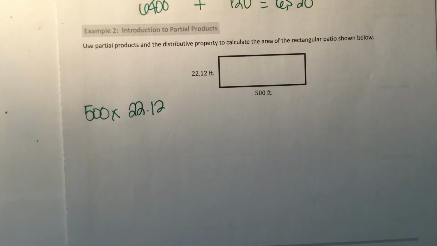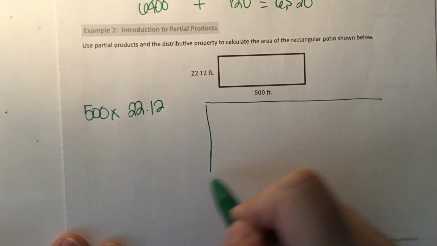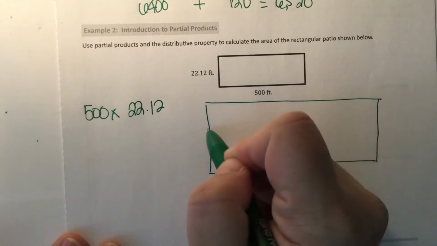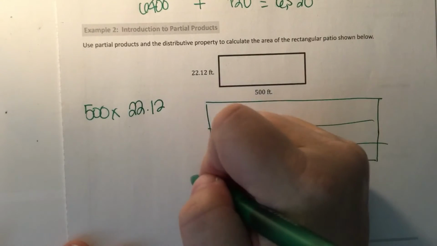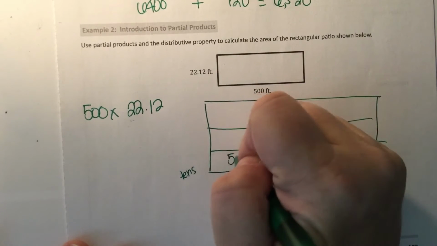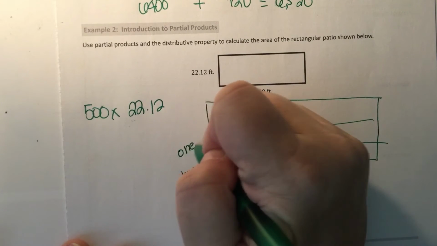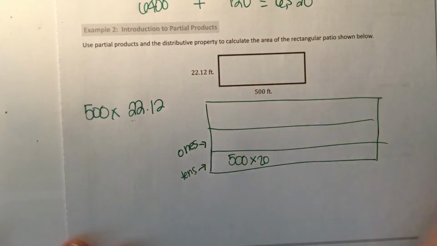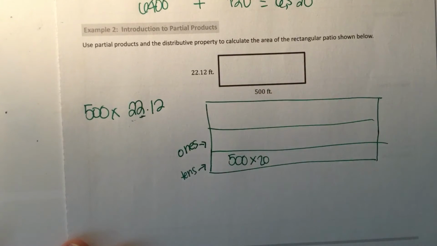Awesome. Okay, another way to do this, I'm going to show you just another diagram, okay? So if we do a box here, you want 3 lines, okay? So if we go here with our tens, we have what? 20. So 500 times 20. And our ones are going to go in this box. So we have 500 times 2. Let's change colors. We'll do this again. Okay.